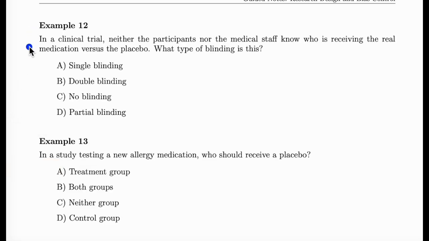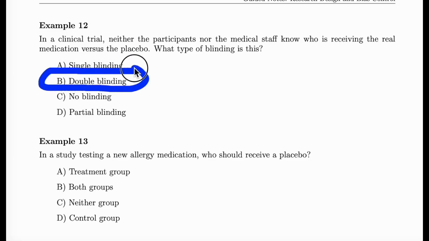Example 12. In a clinical trial, neither the participants nor the medical staff know who's receiving the real medication versus the placebo. What kind of blinding is this? Because it's both the researchers and the participants that don't know who's receiving the placebo and who's receiving the actual medication, that would be double blinding.